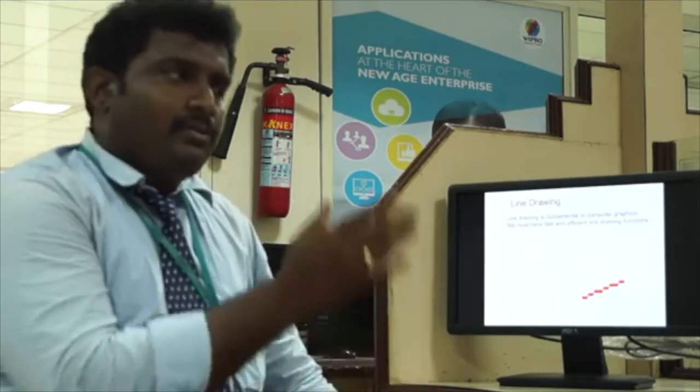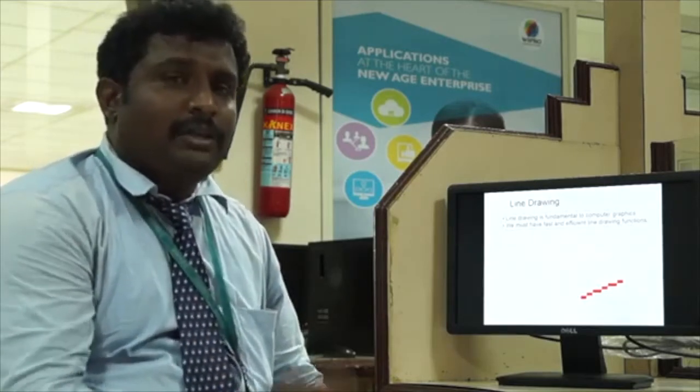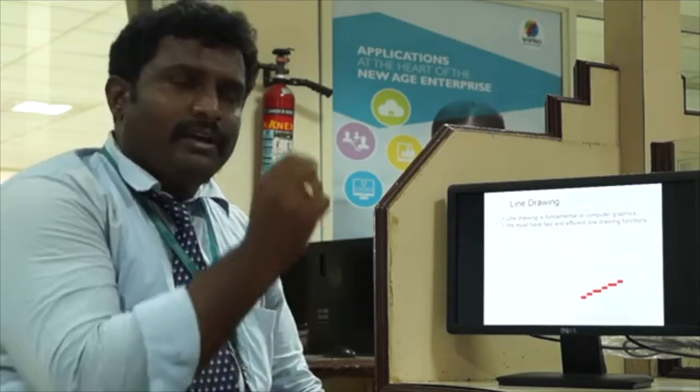For plotting pixels, we use DDA and Bresenham's line drawing algorithm. DDA will generate a line faster than any other algorithm, but Bresenham's will give accurate results. Accuracy is maintained in Bresenham's line drawing algorithm, because we find the x and y value for each and every pixel.